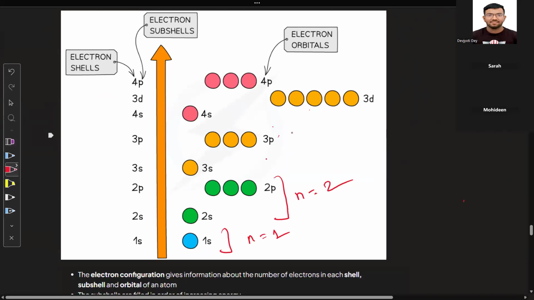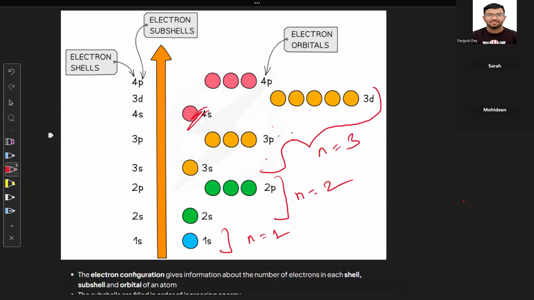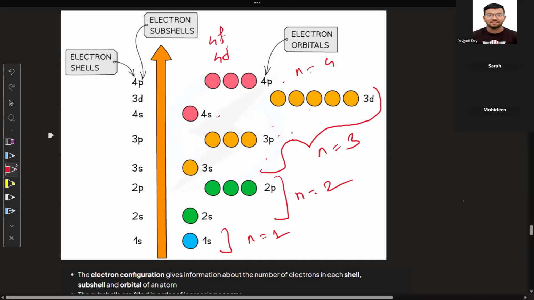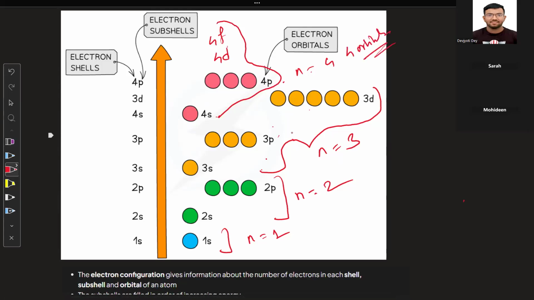N is equal to 3 has 3 orbitals, while N is equal to 4 has, oh, actually, there is 4d as well and 4f. So that basically sums up these 4 orbitals.